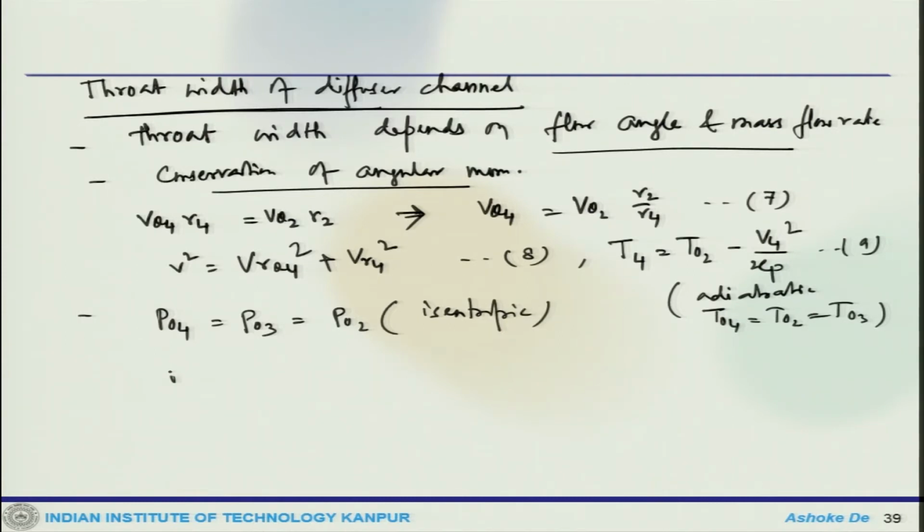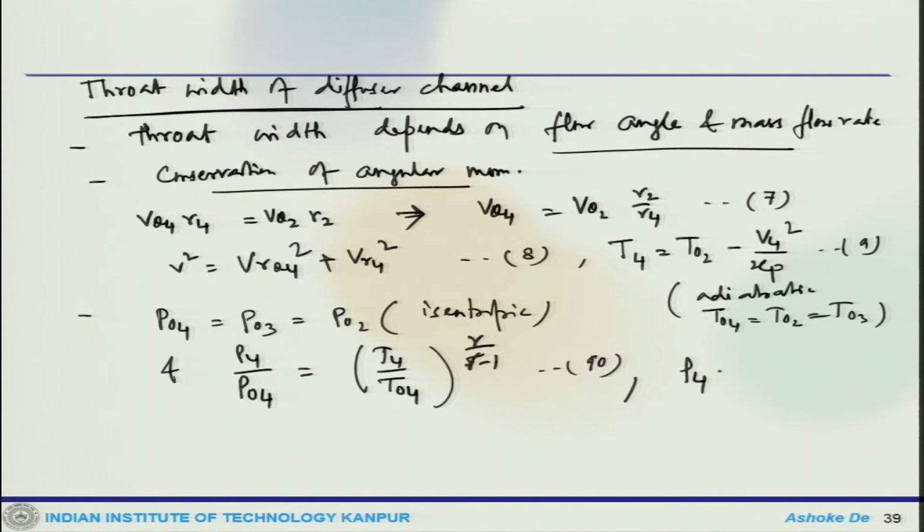Now, you say P4 by P naught 4 would be T4 by T naught 4 to the power gamma by gamma minus 1, and you have rho 4, which is P4 by R T4.